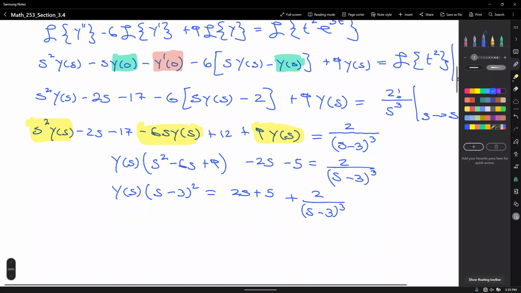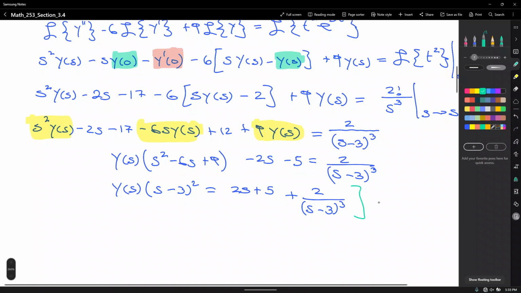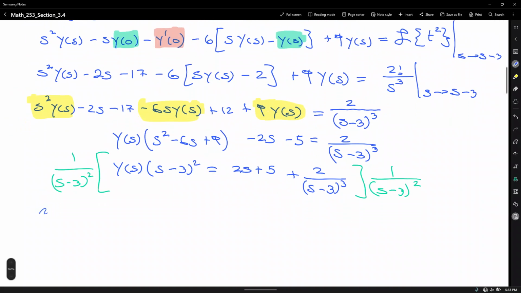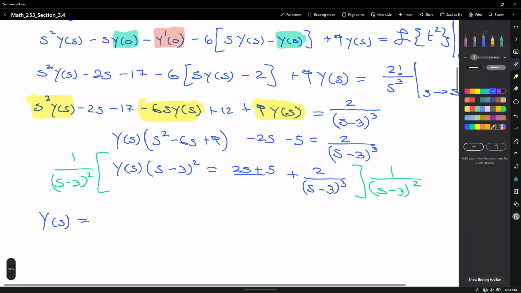To solve for Y of s, let me multiply both sides by 1 over s minus 3 quantity squared. And that leaves Y of s finally. Check this out: this 2s plus 5 is the same as 2s plus 5 divided by 1 as a single fraction, and we multiply these.